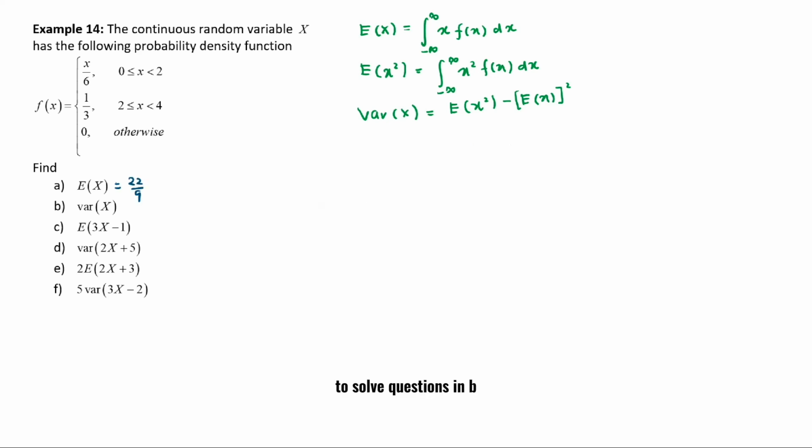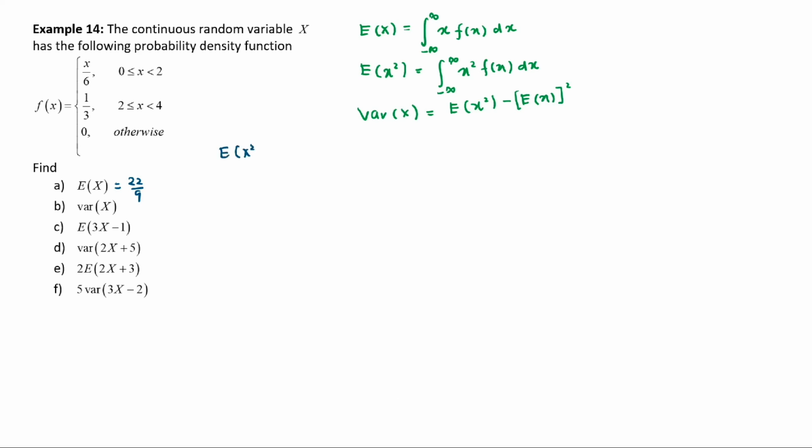To solve question B, we know the variance of x is expectation of x square minus the square of the expectation of x. Since in A we've already found the expectation of x, we have to find the expectation of x square.